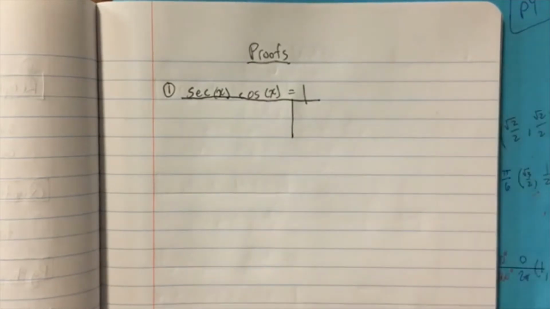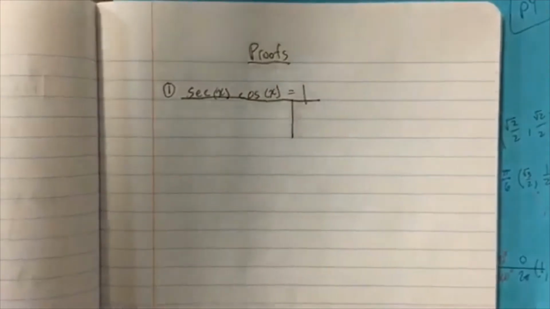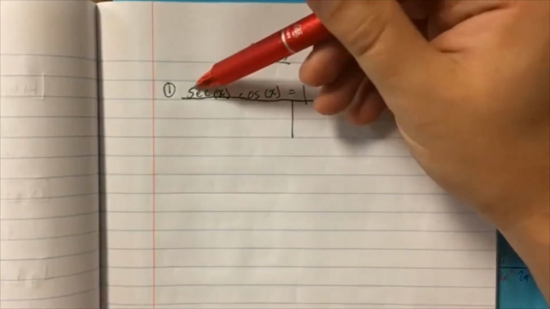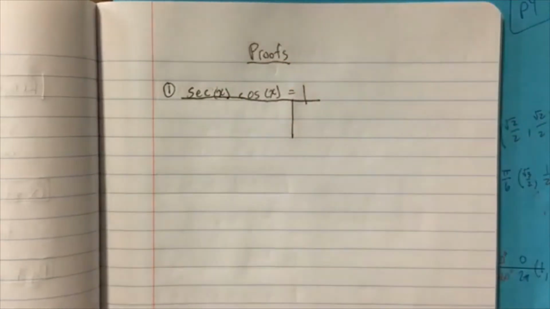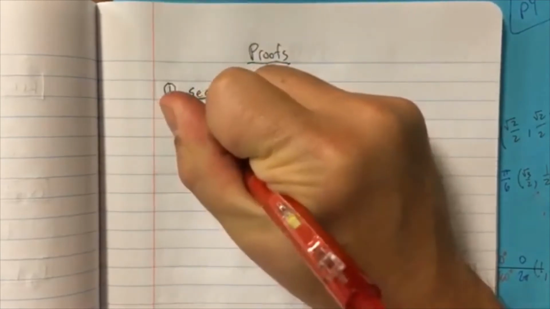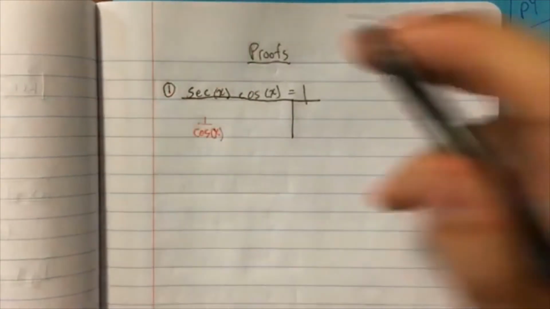So what we can do with this one is look at our identities, and you might notice that secant is the same thing as 1 over cosine. So we can use that reciprocal identity to rewrite this as 1 over cosine x times cosine x.